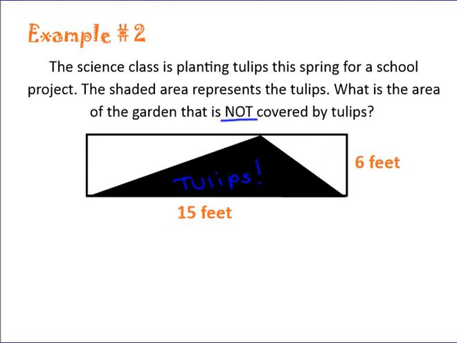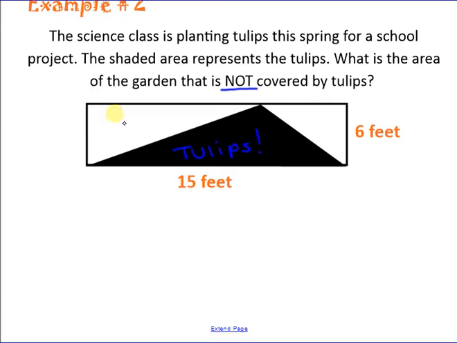But we're going to go ahead and do it the exact same way. So first, we need to find the area of the larger shape, which is the rectangle. So area equals base times height. The base is 15 and the height is 6. And so 15 times 6 is 90.